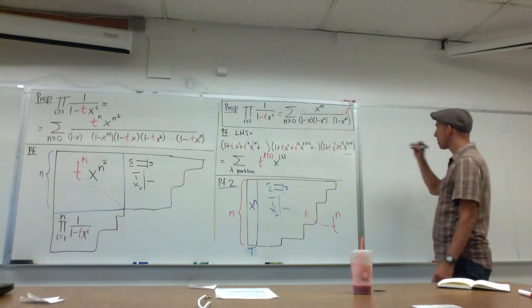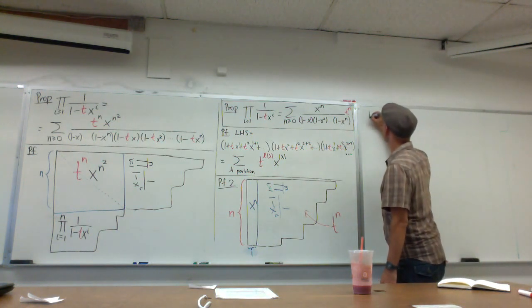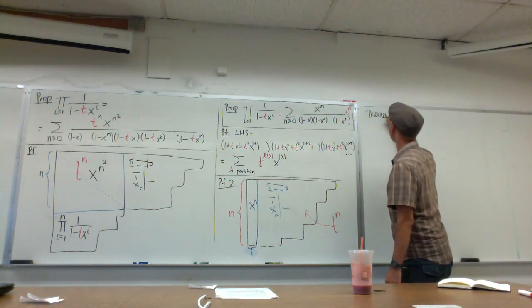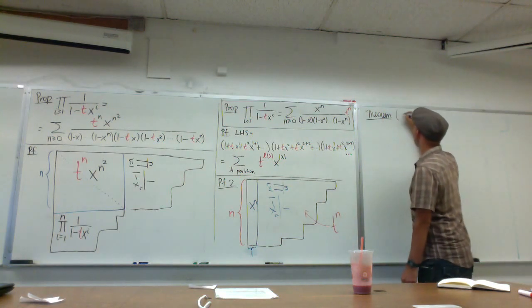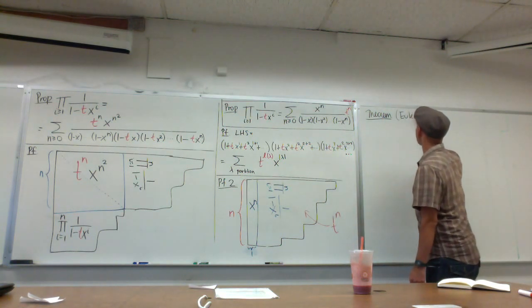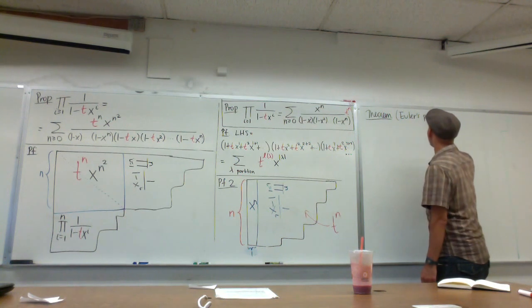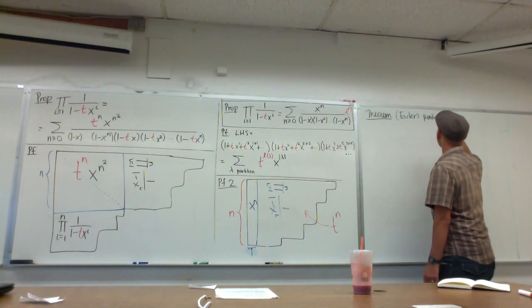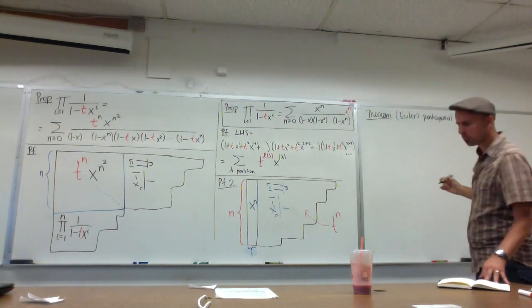So the next thing that I want to do is prove this theorem. Another partition identity. And this is known as Euler's pentagonal number theorem.